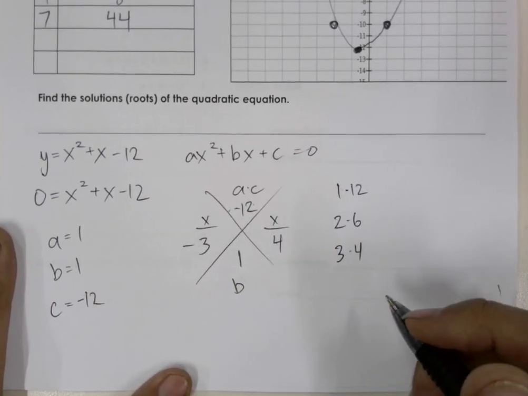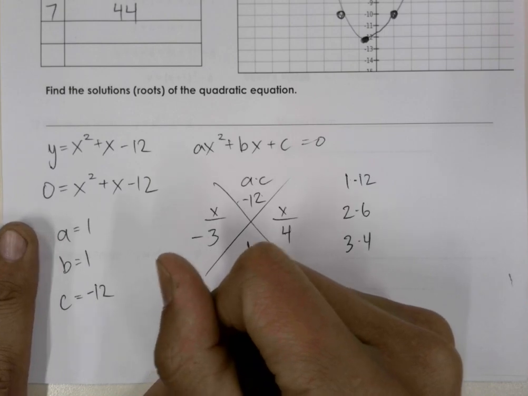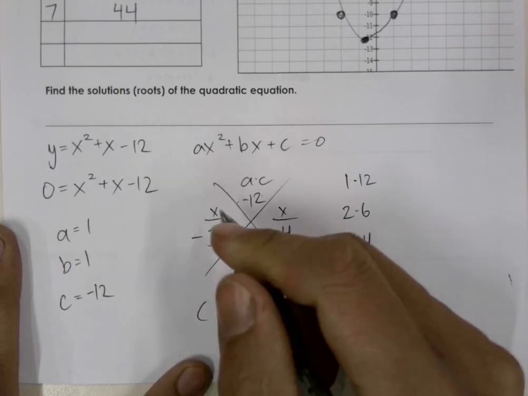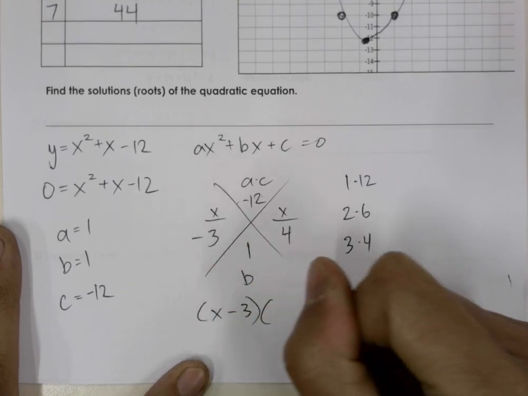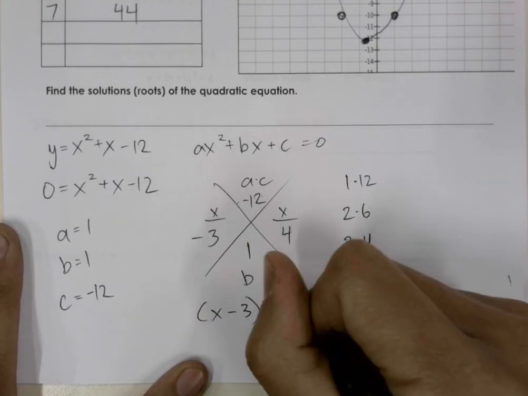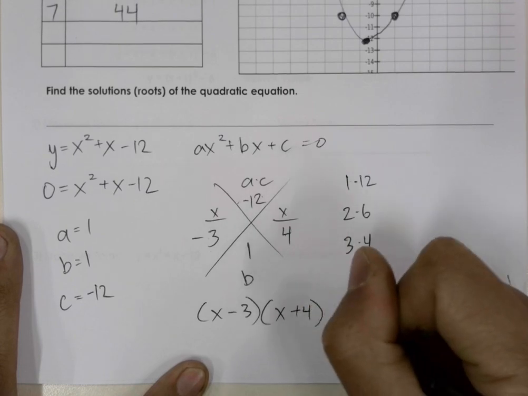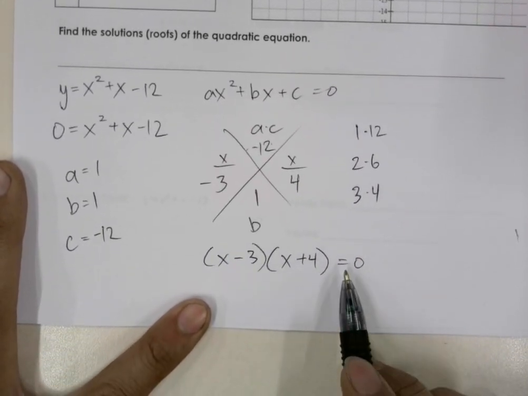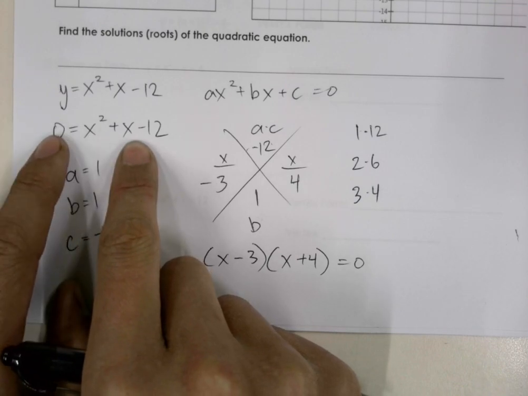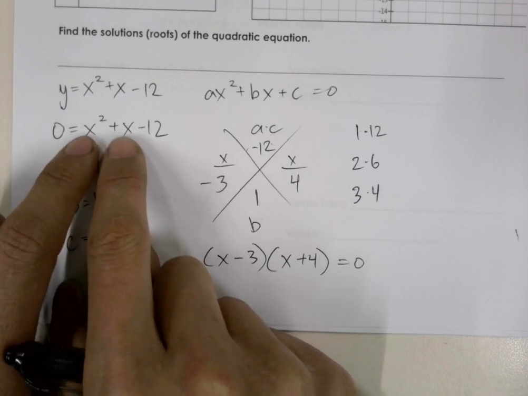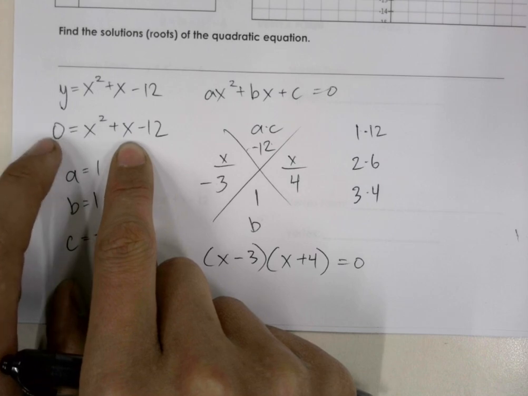Now we're going to go ahead and factor. Let's write our factors down. It's going to be x minus 3 and x plus 4 is equal to 0. Remember, we are factoring this polynomial, and it's equal to 0. We want to find out what x is when y is equal to 0.